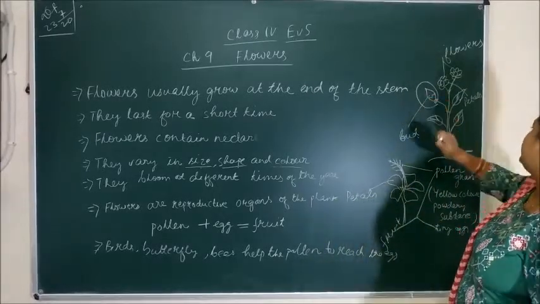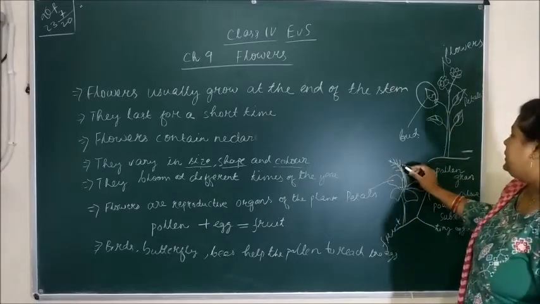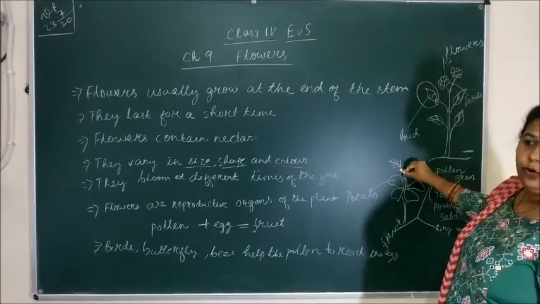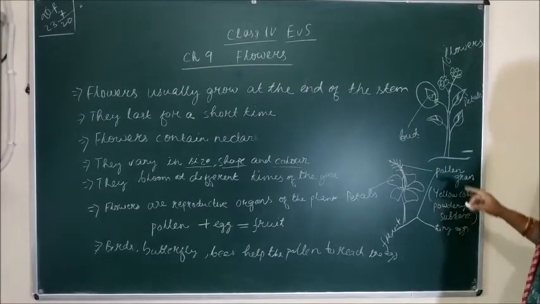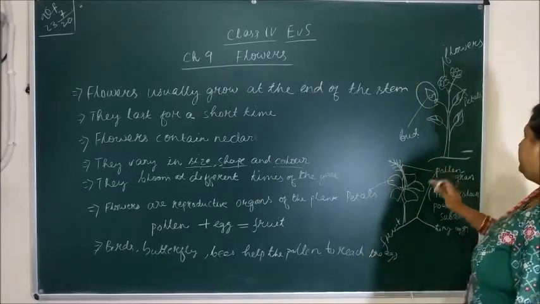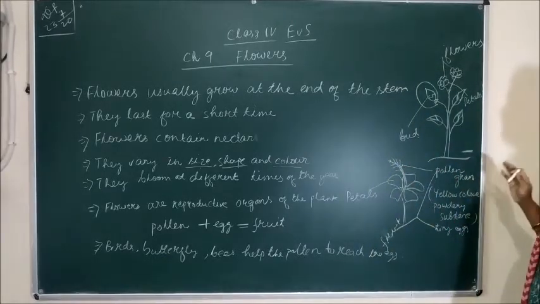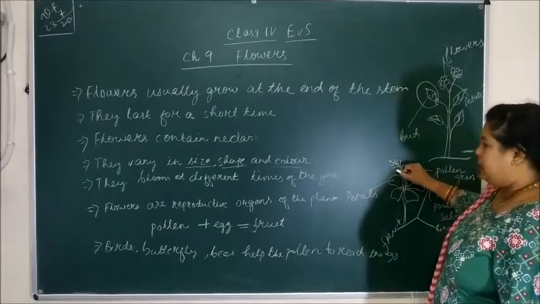These are the buds, these are the leaves, and these are the pollen grains. You have to remember the word pollen grain. Pollen grains are the yellow colored powdery substance. These are the reproductive part of the flower.